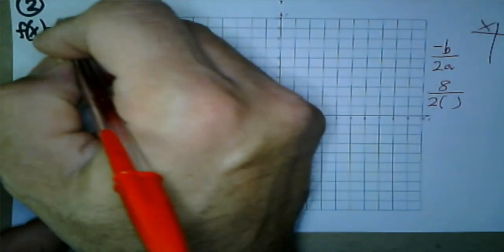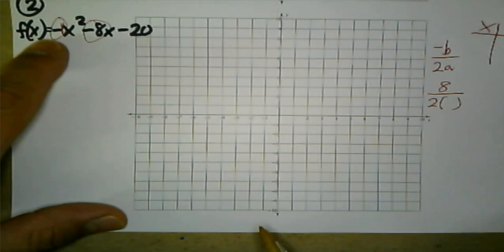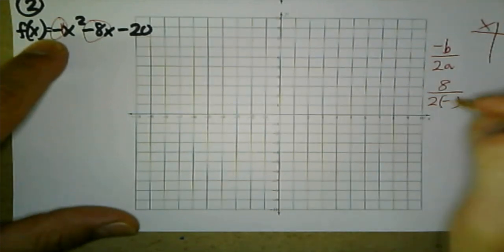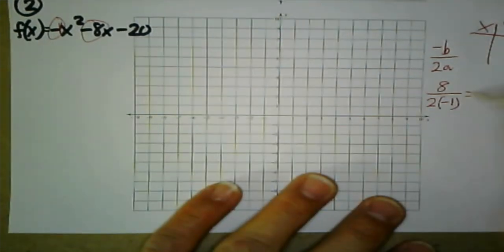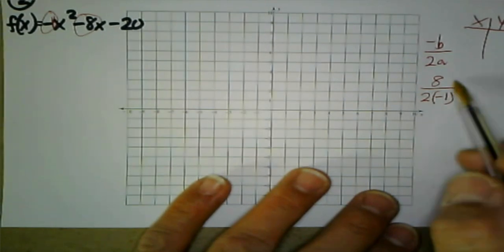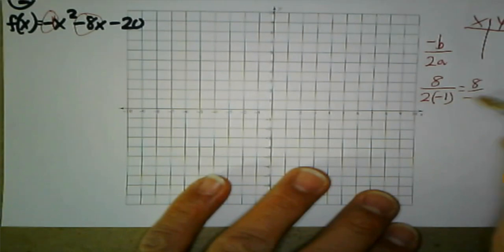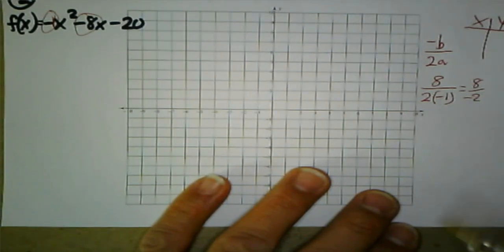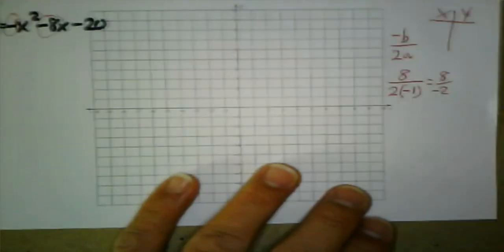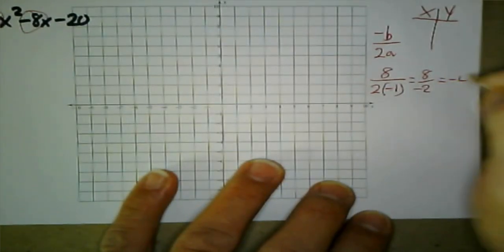What is a here? -1. Well, it's not going to be 0. So we have 2 times -1 is -2. 8 divided by -2, -4.